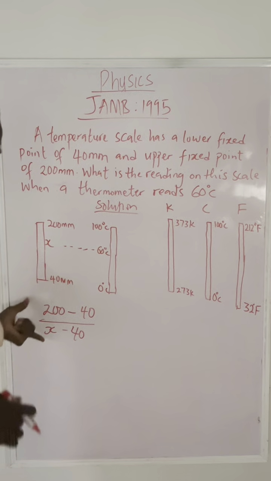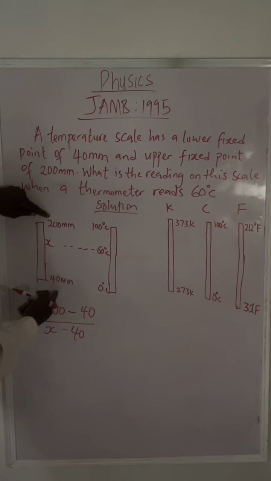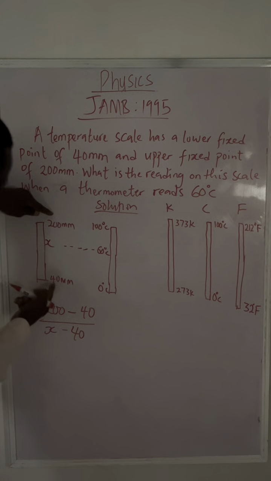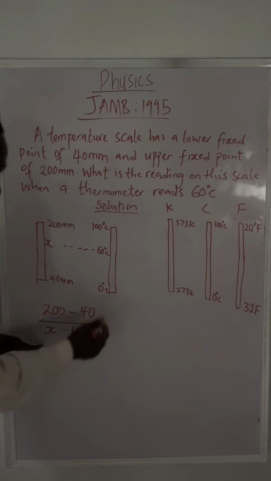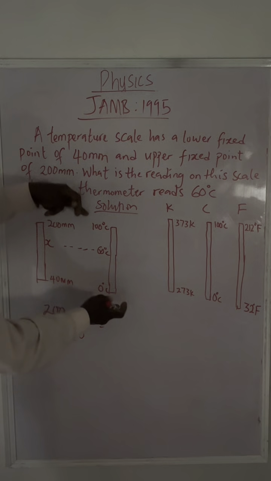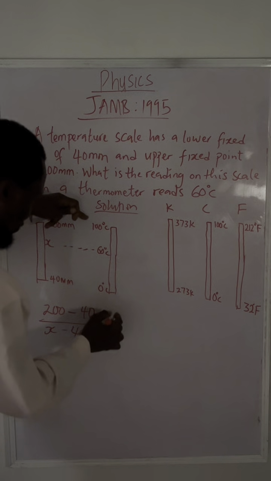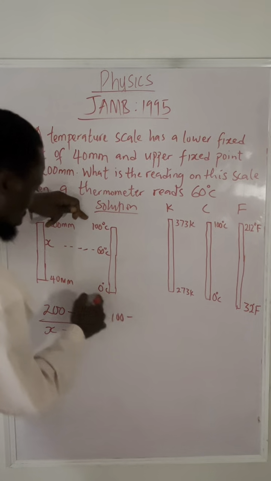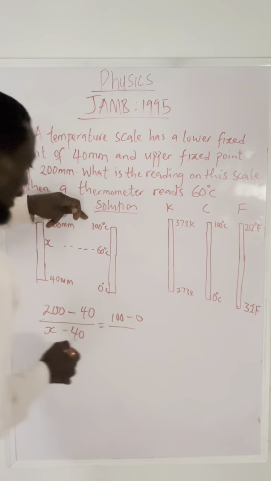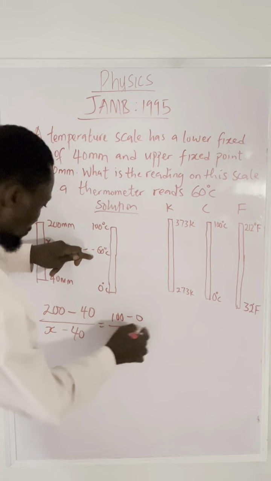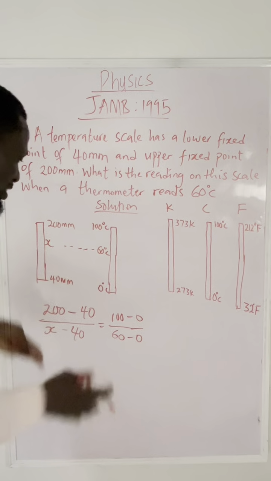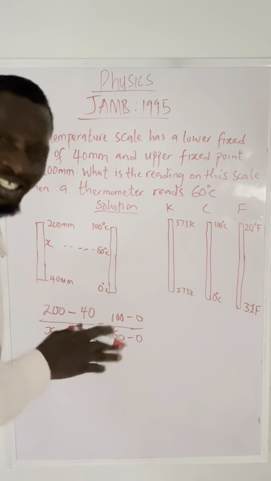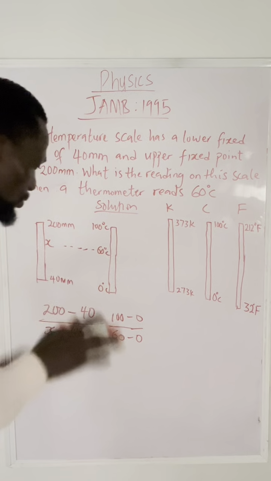This minus this, divided by this minus this. Exactly what you did here, now do it here too: 100 minus 0, divided by 60 minus 0. This is what we call interpolation, and it is as simple as that. You have to understand this.